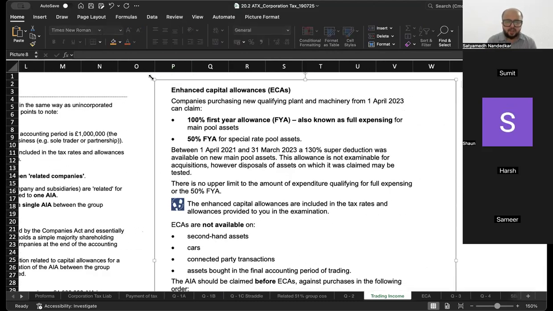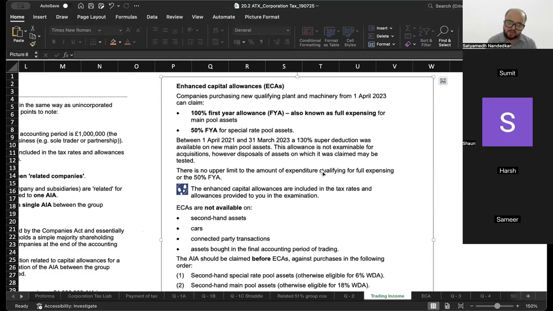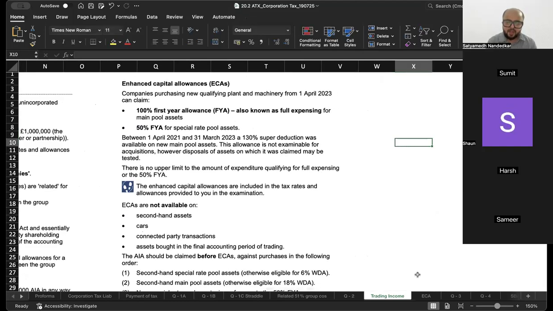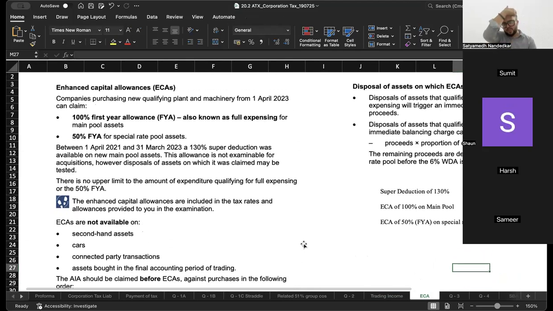Okay. Now there was a special scheme called enhanced capital allowances that was introduced earlier. How did this enhanced capital allowances scheme work? Companies purchasing new qualifying plant and machinery from 1st of April 23 can claim 100% FYA, also known as full expensing, for main pool assets, and 50% FYA for special rate pool assets.